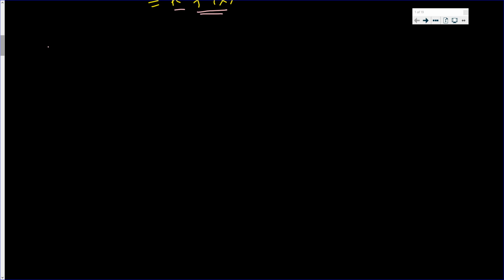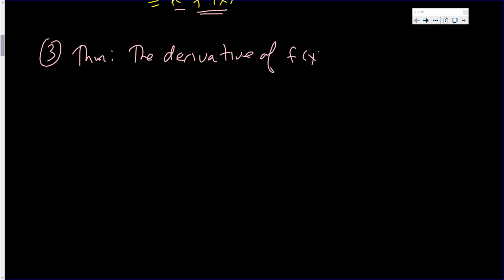Now, this is one that I like. Theorem. The derivative of f of x equals a line is the slope. And this makes sense.